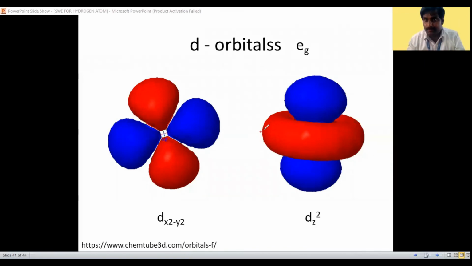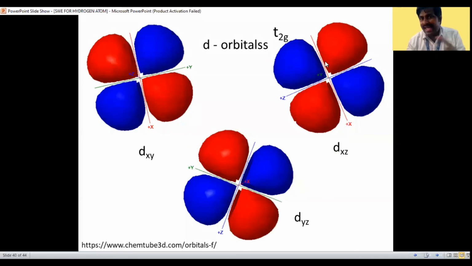This dz square has higher electron density through the z-axis. But in the previous case, dxz for example, the electron density of the d orbital is maximum in between the axes. That is the reason d orbitals will split.